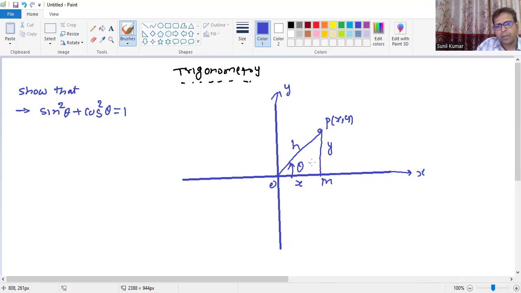Okay, so in this case, as we know, sin theta is nothing but perpendicular by hypotenuse and cos theta is base by hypotenuse.